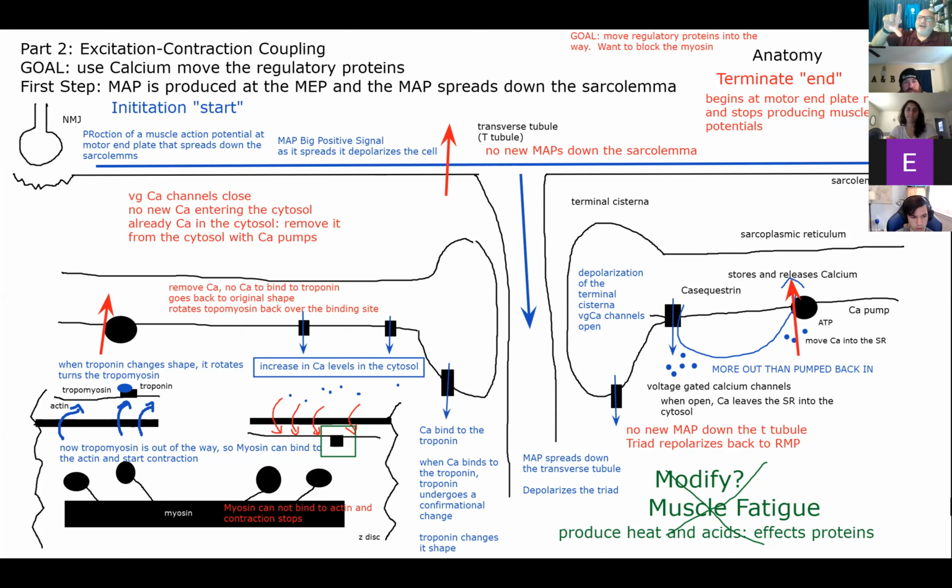If we increase the size of the synaptic cleft, what kind of effect would that have on the effectiveness of that muscle contraction? What do you guys think would happen to the effectiveness of that muscle contraction?